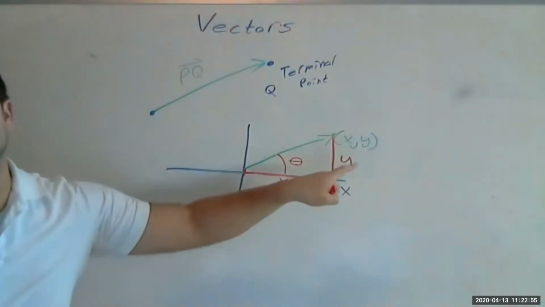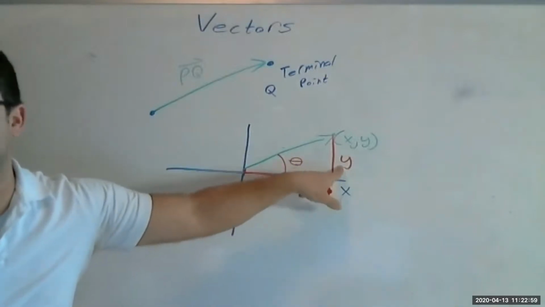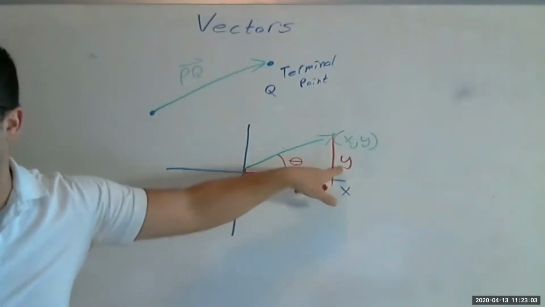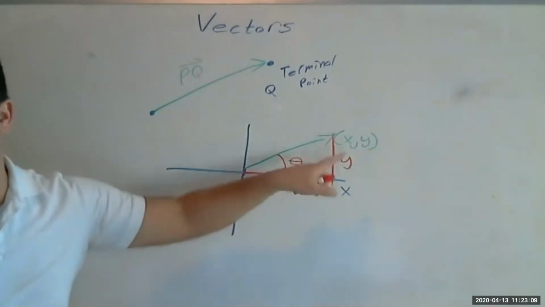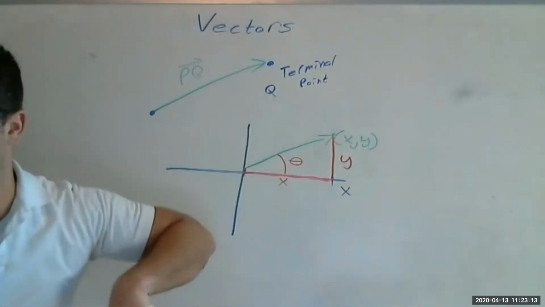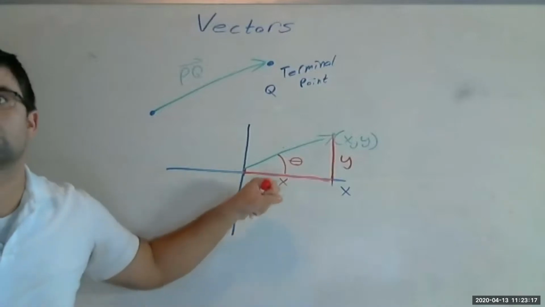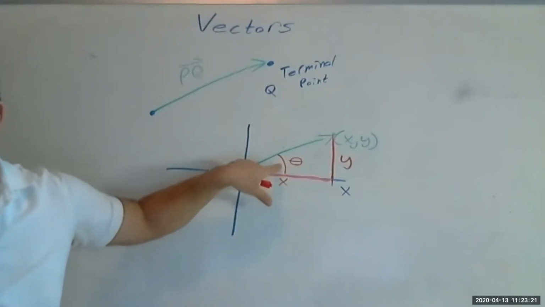So is this side opposite the angle, adjacent to the angle, or the hypotenuse of the triangle? Is y opposite, adjacent, or hypotenuse? Opposite, because it's the one that's not next to this angle.